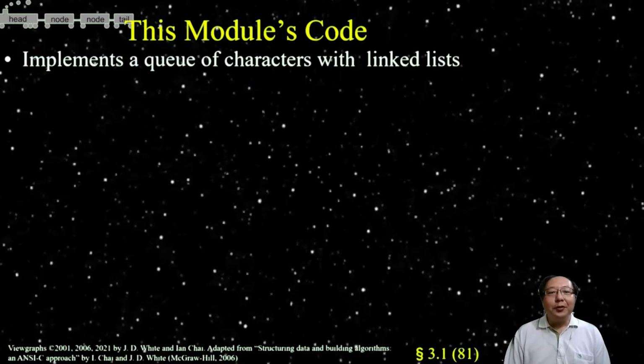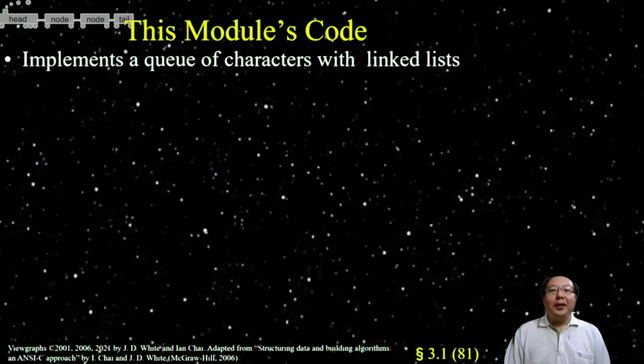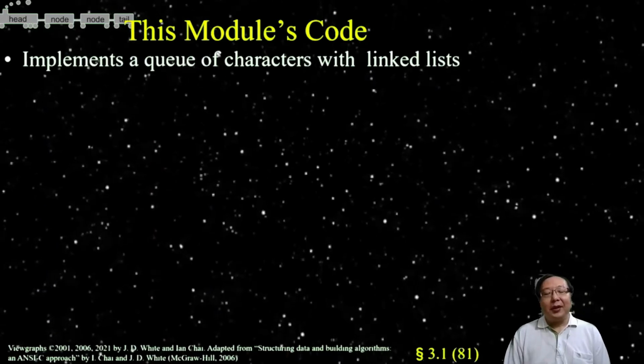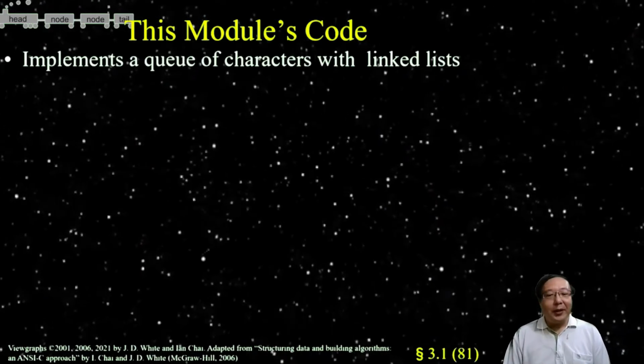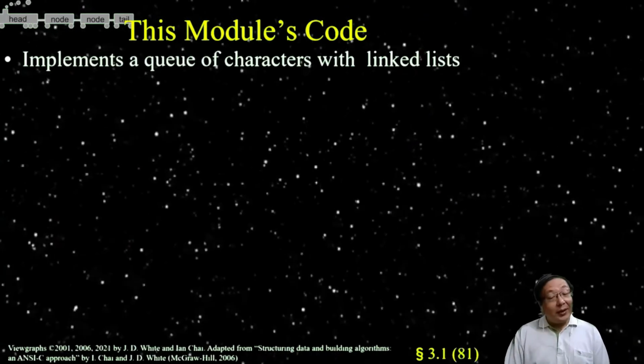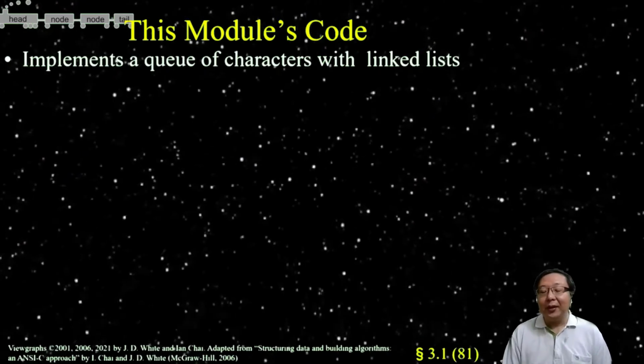Okay, this module's code. It'll implement a queue of characters with linked lists, and as before, you can always make it implement a queue of something other than characters by just adding to the record.